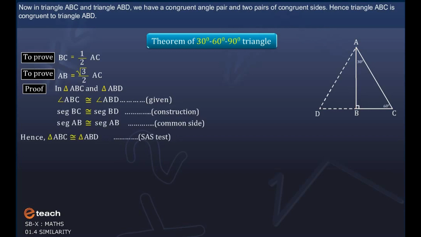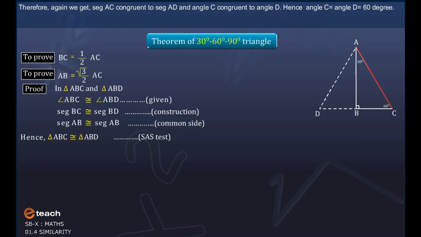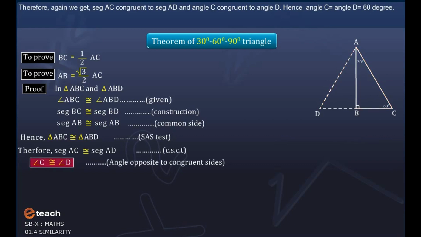Hence, triangle ABC is congruent to triangle ABD. Therefore, again we get segment AC congruent to segment AD and angle C congruent to angle D. Hence, angle C is equal to angle D is equal to 60 degree.